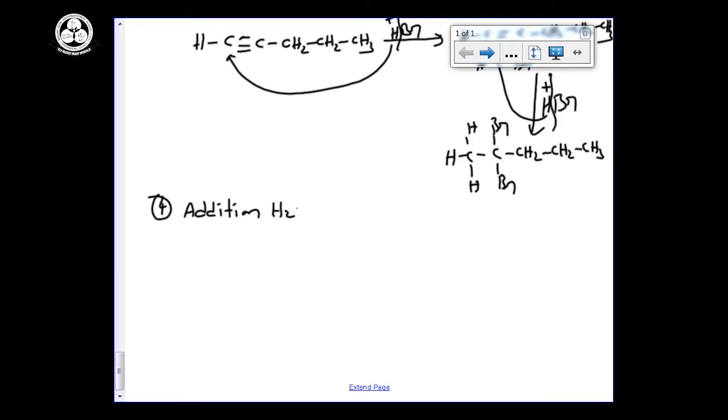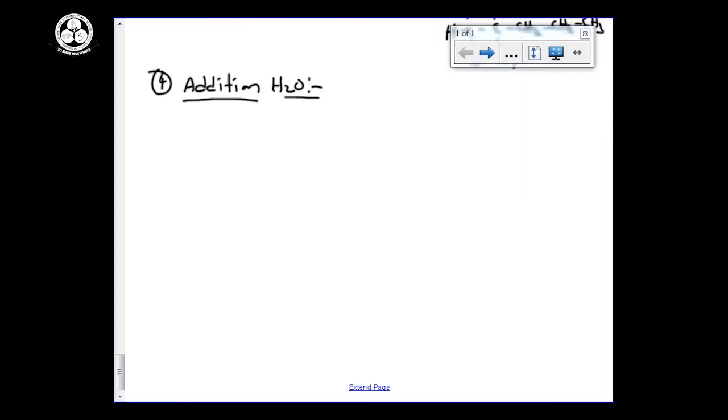Addition of water. Once I am going to recall again, alkenes cannot undergo hydration directly. The same thing I am going to say, for alkynes also direct addition of water is not possible. Why? Because it undergoes electrophilic addition. See the reason I am saying for the addition of water in alkenes; the same manner we are following here.